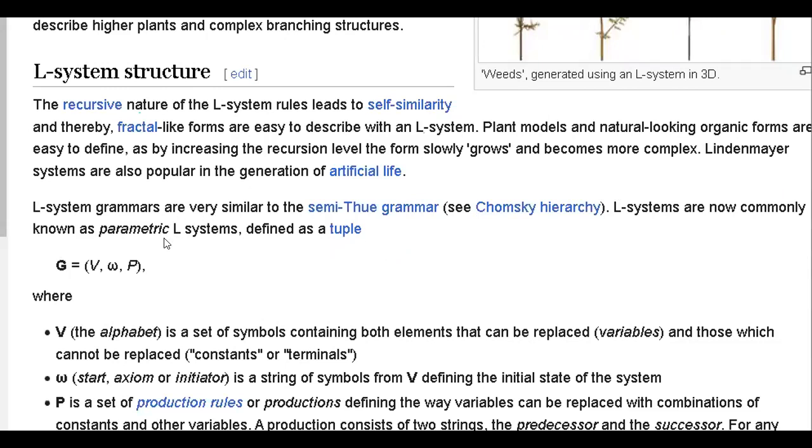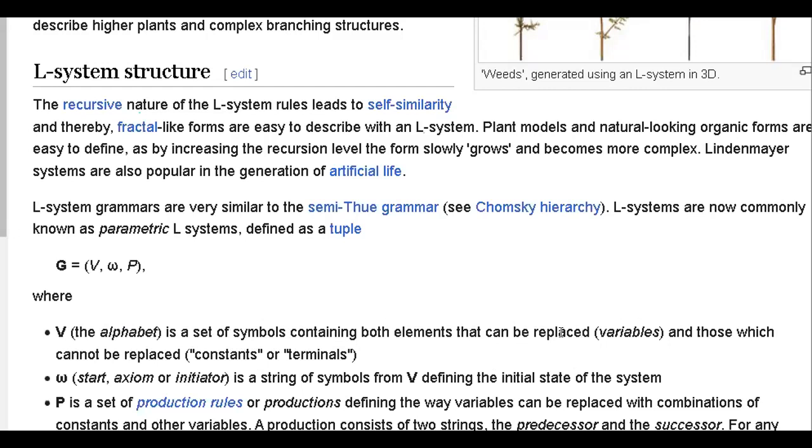For that you need a set of alphabet. V is the set of alphabet. It consists of symbols, which could be finite to infinite, but for simplicity let's consider V consists of a finite number of symbols.